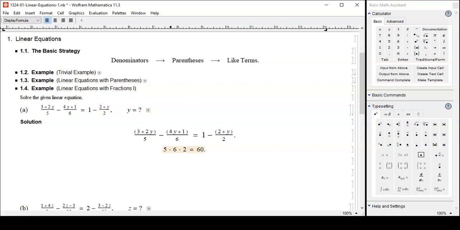Multiply by 60, it works. But it's a bit of an overkill. As a matter of fact, there's a little bit better number. What is it? It's okay to multiply by 30. Multiply by 30.